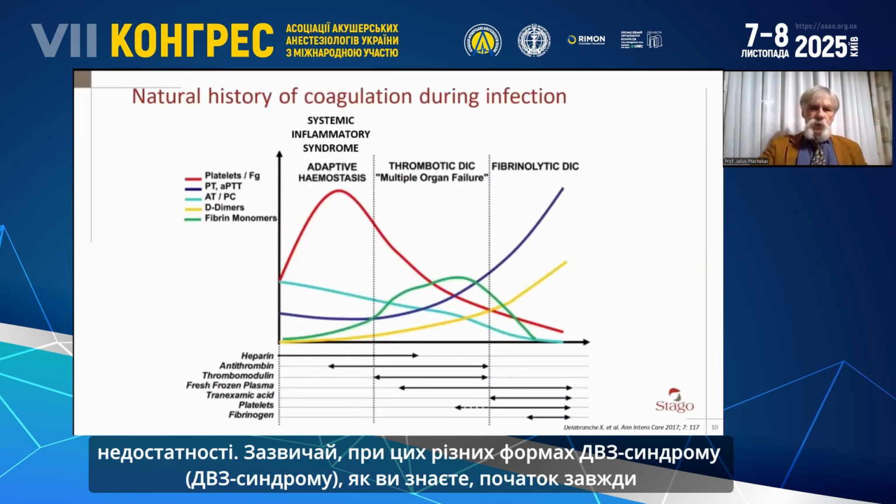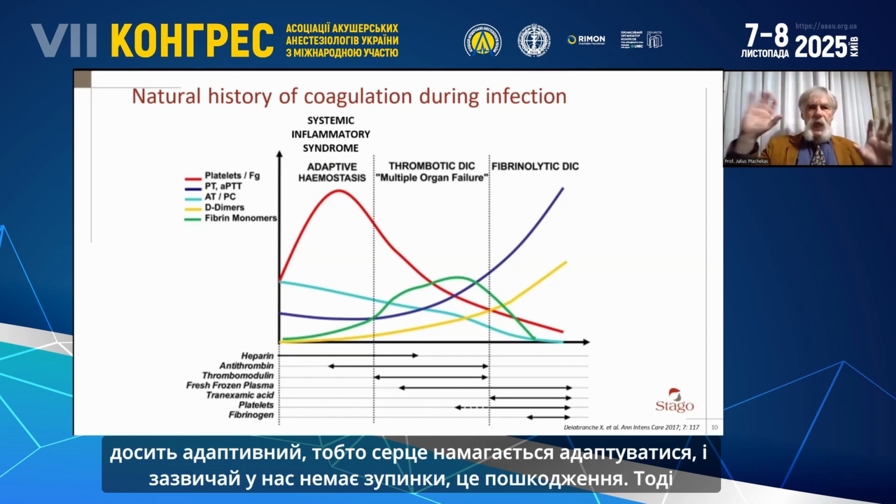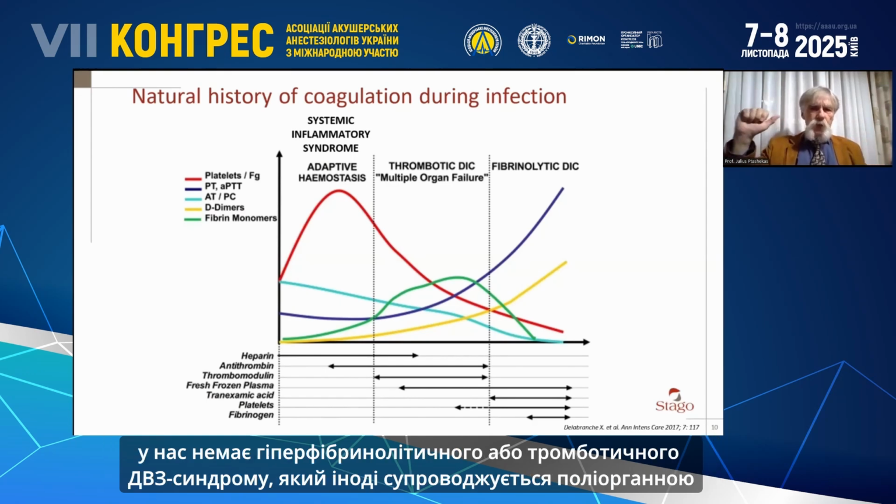In those different forms of DIC, the beginning is always pretty adaptive. The hemostasis tries to adapt, and usually we don't have this arrest or damage. Then we have non-hyperfibrinolytic or thrombotic DIC, which is sometimes followed by multiple organ failure.